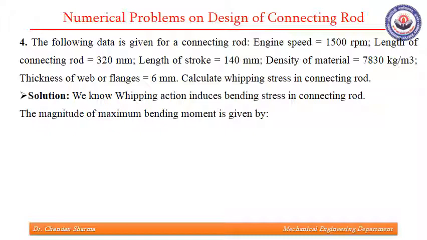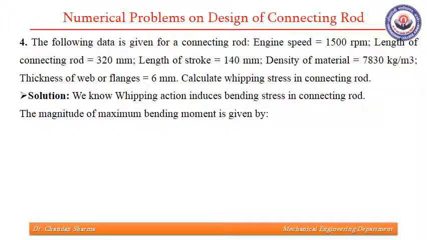In this question, we are supposed to find the whipping stress induced in the connecting rod. We know that whipping action induces bending stress in the connecting rod, and the bending stress induced due to whipping action is called whipping stress.